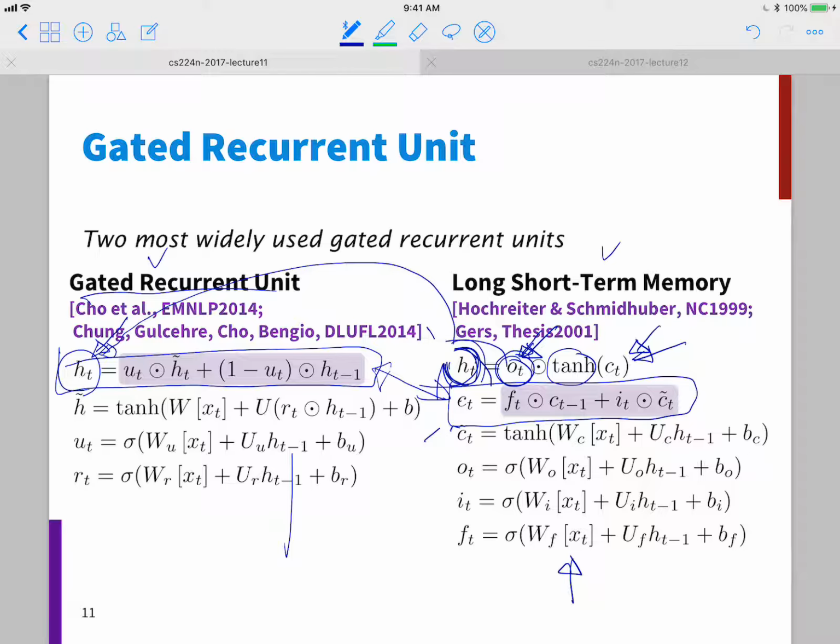The reason is that we have the previous time step's information, and then we apply this forget gating. We want this value to be close to 1, so that this can be propagated as a non-trivial value, not close to 0, to the further time steps.